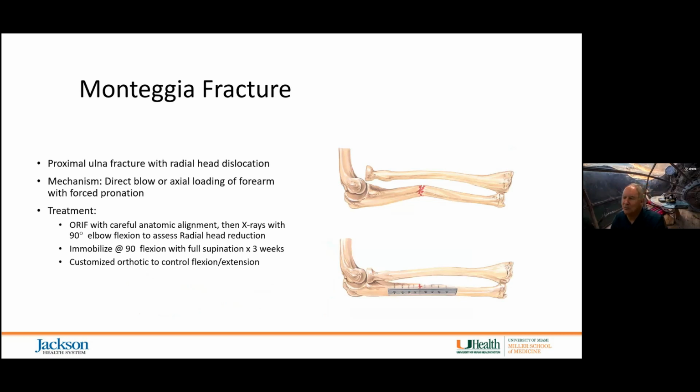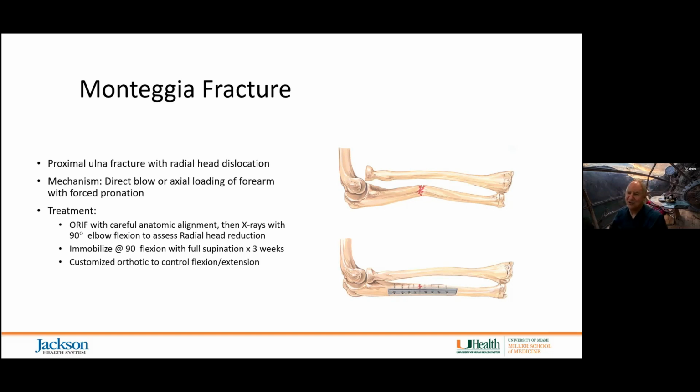This is going to require open reduction internal fixation, and typically they're going to put a plate on here with screws as you move forward. Again, we see this a lot in the able-bodied population, no big deal. You put them in a cast, put them in a sling, and life goes on, right?